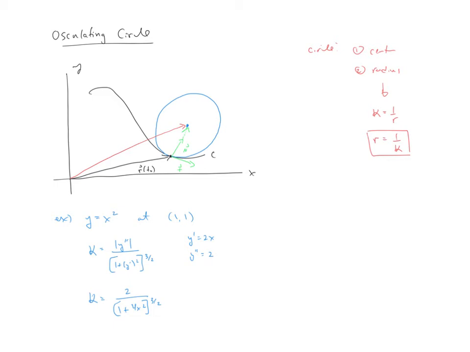I would evaluate this now at x equals 1, because of the point we were given. That gives me a curvature of 2 over 5 to the 3 halves. Now that means our radius is going to be 5 to the 3 halves over 2, because the radius is 1 over the curvature, so I just flip it around. Okay, so we box that in. We'll come back to that in a minute.